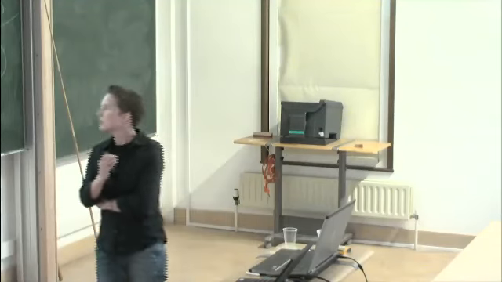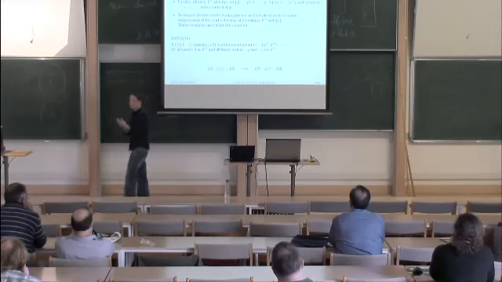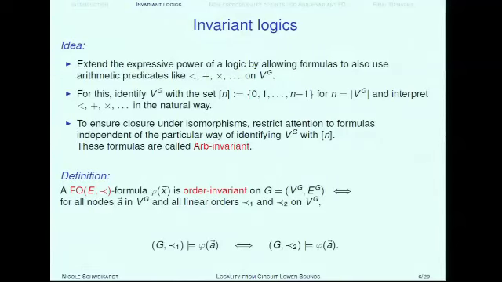And Albert in his talk earlier this week already gave a description of one motivation from database theory, why order invariant formulas are something natural in some sense, because you want queries that are posed against databases to be just dependent on the logical view of the database.